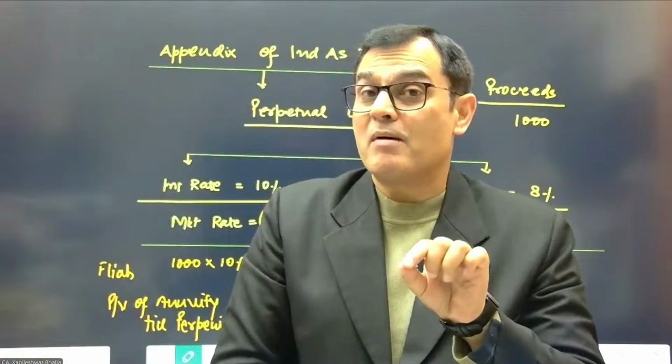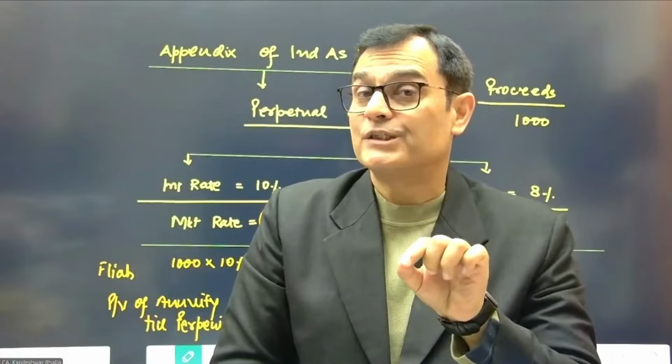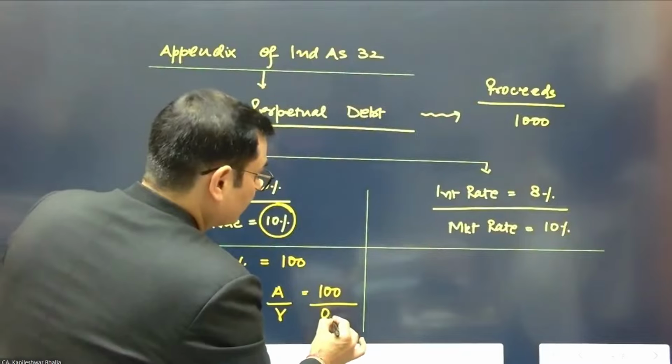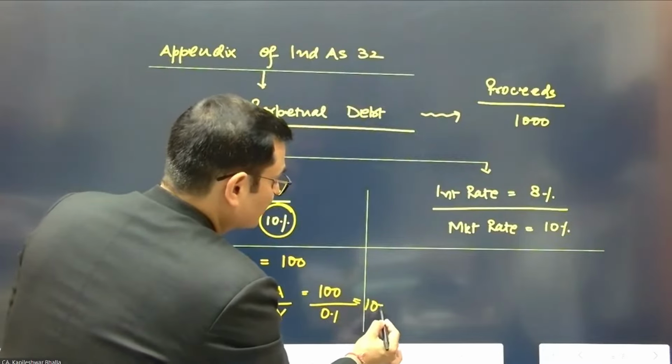I'm going to divide it by the market rate of interest which prevails on a perpetual debt. And when you take A by R, this works out at 1,000 itself.